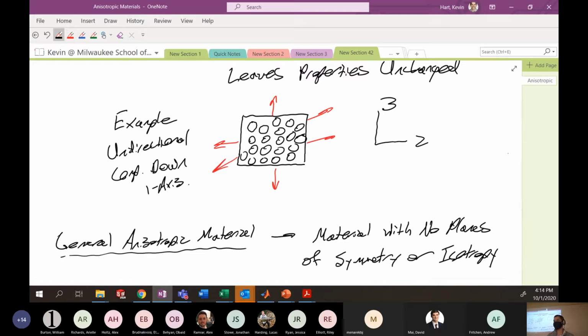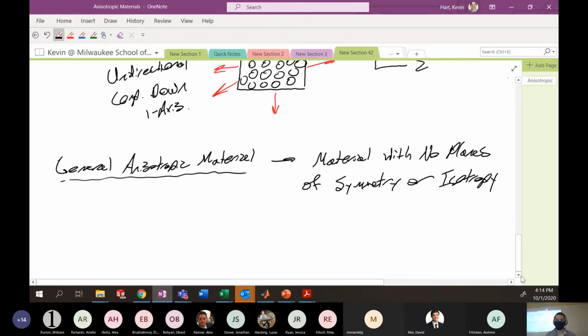It's hard to draw this, actually. Not many materials in the world exist this way. You could make an argument for wood, because the granular structure is different at every location. But it's very difficult to actually find this in reality. Most materials have some sort of symmetry or isotropy that you can latch onto.